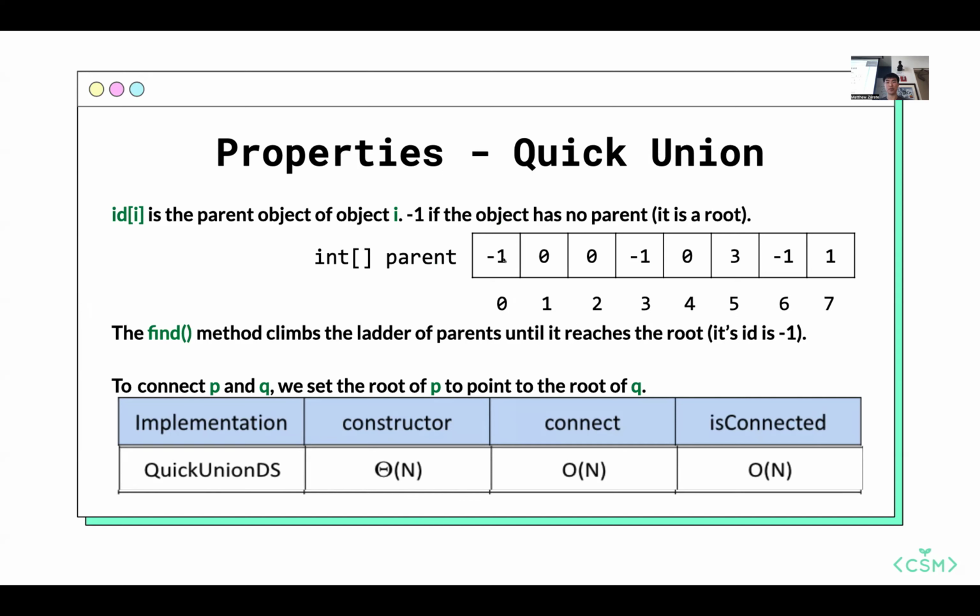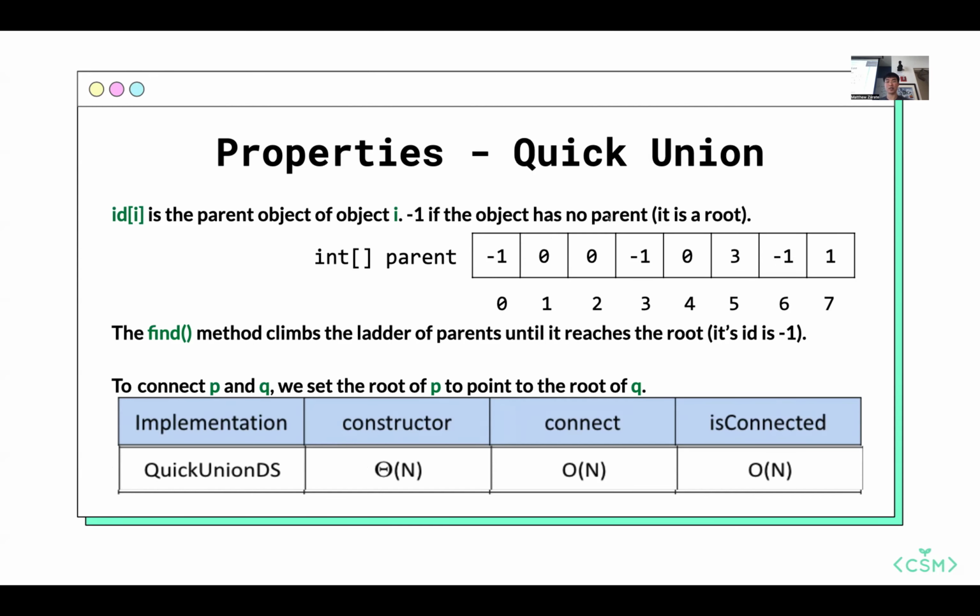You can also say that it has no parent. Otherwise, we store the index of its parent. So in this array, 0 has -1, which means 0 must be a root. And 1 is storing 0, which means 1 is a child of 0, so 0 is the parent of 1.